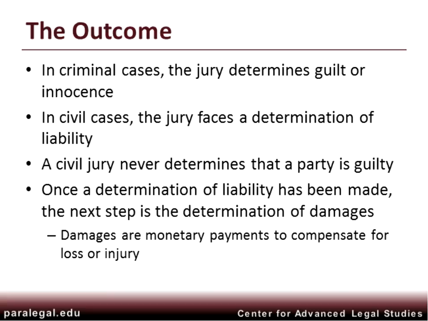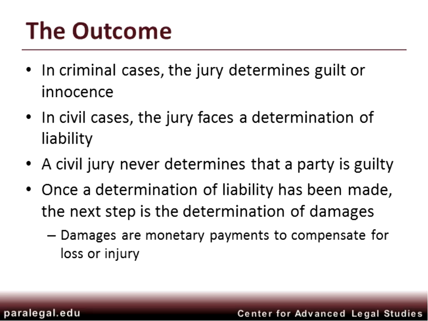So just remember that in civil law there is no guilt, there is no innocence. You are either liable or you're not liable. That's it. So liability is the question in civil law. That's what we're looking to establish. Is somebody liable for damages that were proximately caused by somebody's actions?